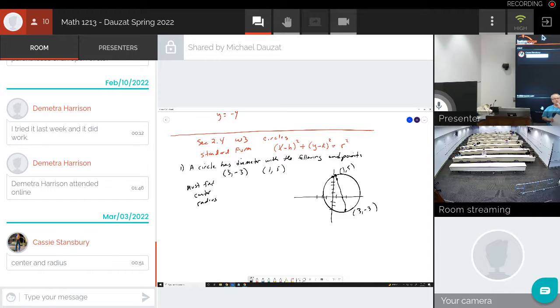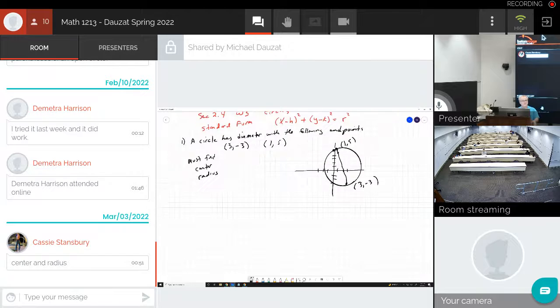But if you recall, probably about 2, 3 weeks ago, there was a small little section that talked about finding midpoint and distance. Remember that? Midpoint and distance. You're going to use that here. Now, I'll give you the formulas on a test, and you're going to have one on test number 3 like this.